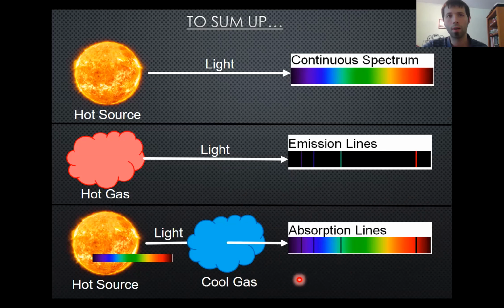For example, back in 2012, Venus passed in front of the sun, which only happens every 100 years or so. And they used the absorption lines from Venus's atmosphere, because remember, you have a spectrum being passed through a cool gas.